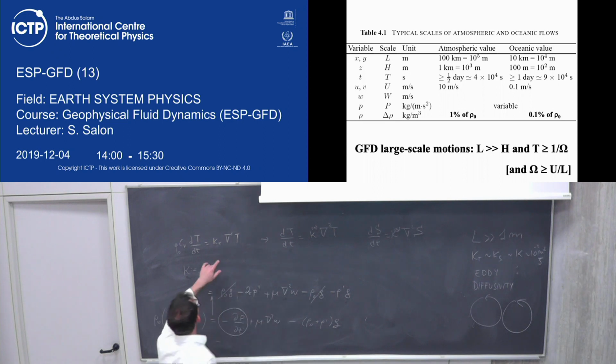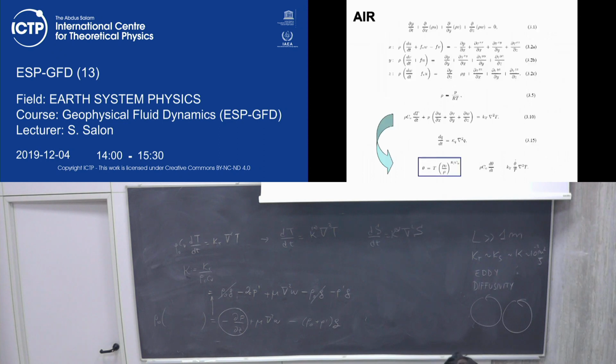So we start from the equation before. That KT, we call it thermal conductivity. Okay. Then when we use the Boussinesq approximation, we can rewrite this equation and use just one single constant.